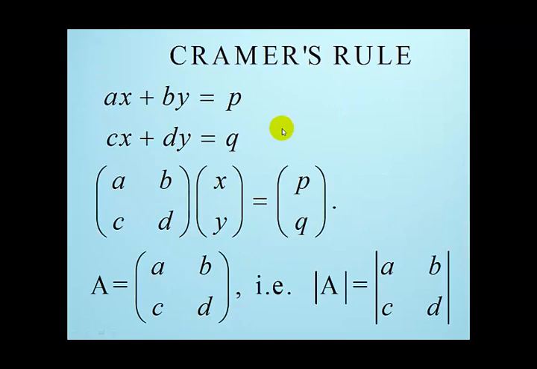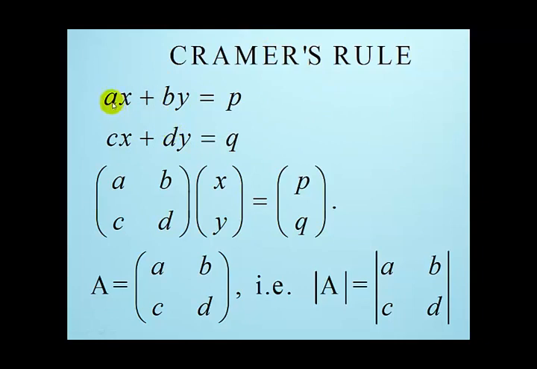Now, we have Cramer's rule. Given ax plus by equals p and cx plus dy equals q. These are simultaneous linear equations, and we are going to look at how we can use Cramer's rule in solving simultaneous equations. Take note.